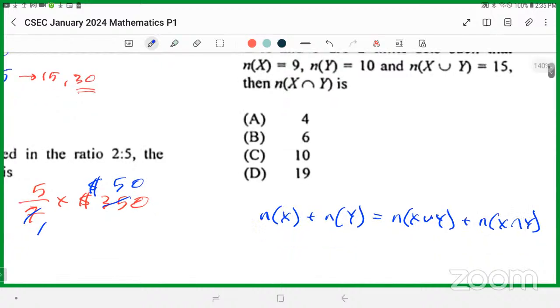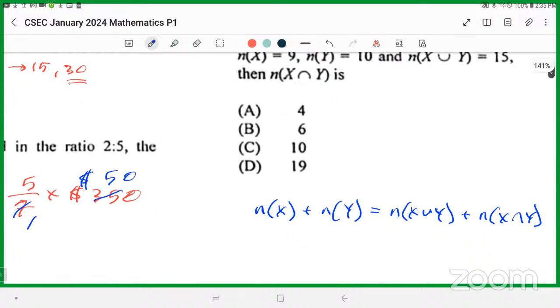This is something good to note. It works for any two finite sets. The sum of the values in the individual sets must equal the number in the union plus the number in the intersection. So the total of this side must equal the total of that side.